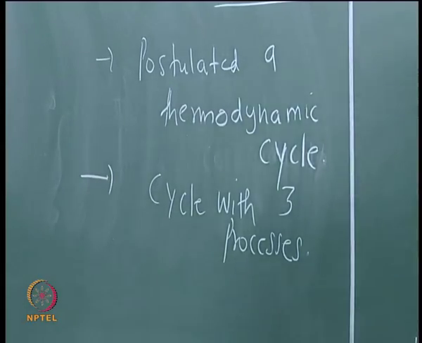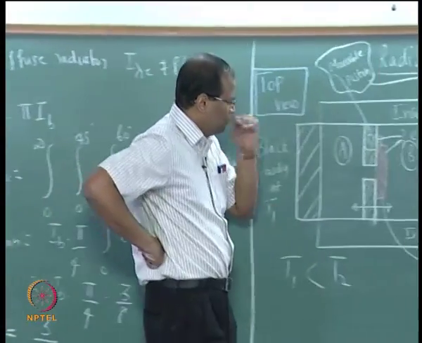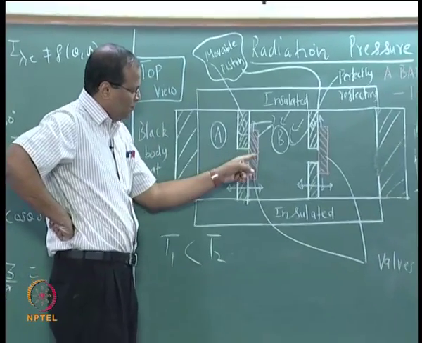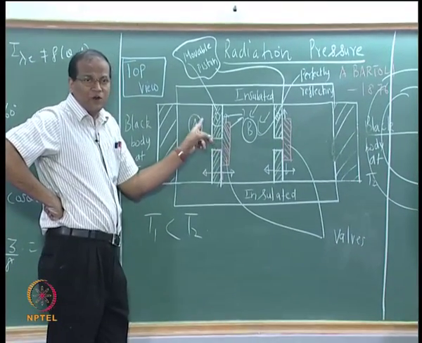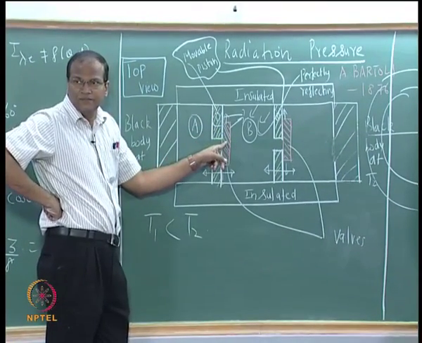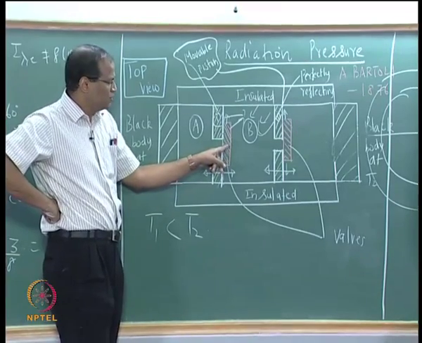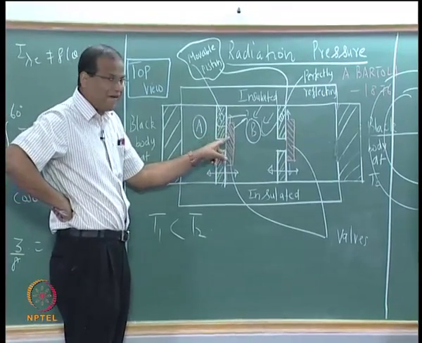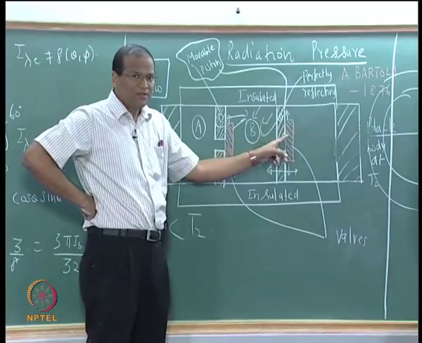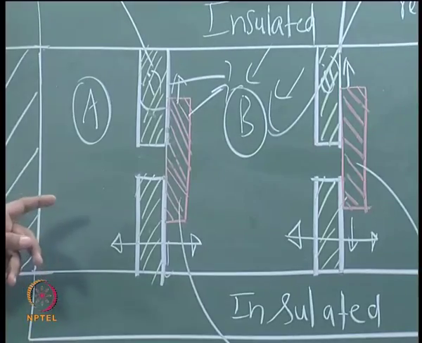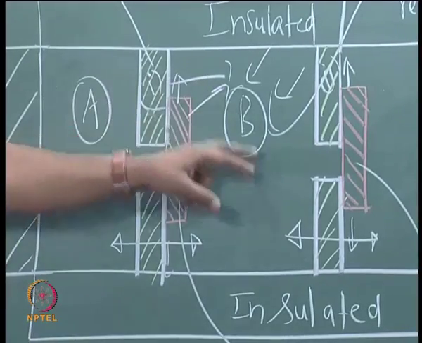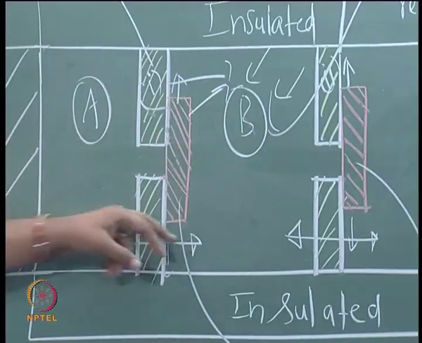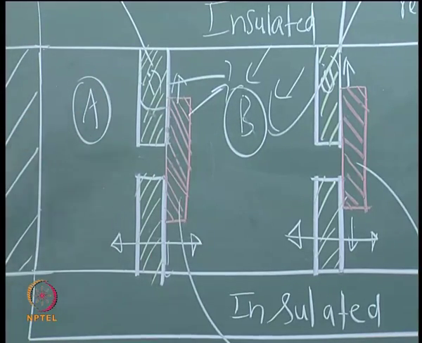The first process is, the valve which is close to this piston 1 is open, watch carefully, the valve which is close to the piston 1, okay, is open, this valve is closed, okay, and this whole thing, this portion of the container is in thermal contact with the black body at T1, that is it is in contact with the black body at the left hand side.